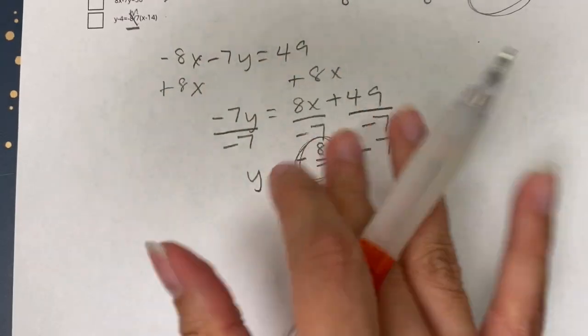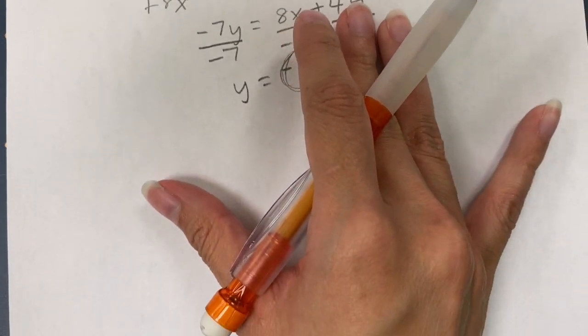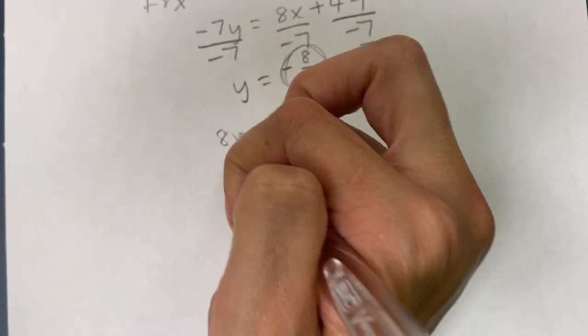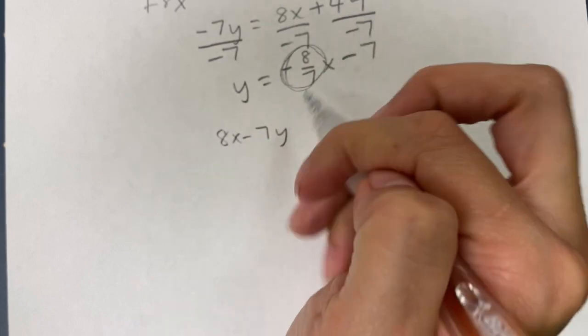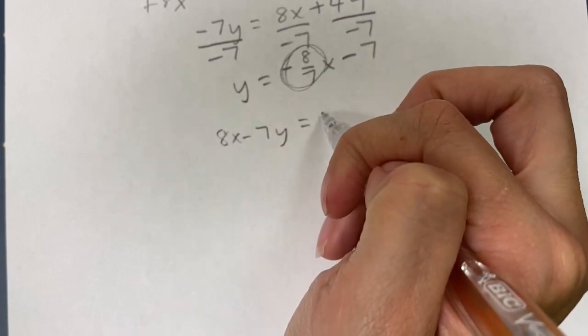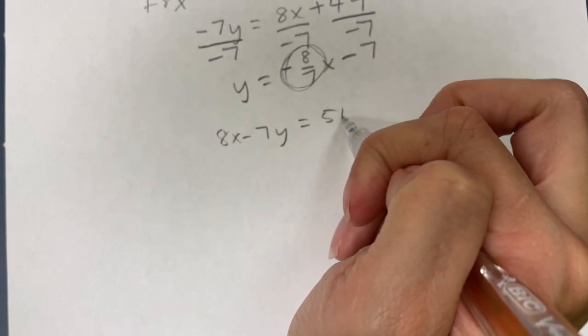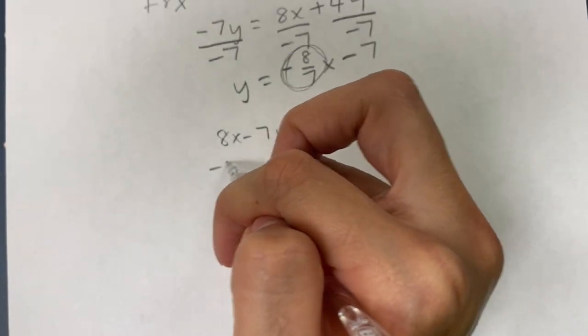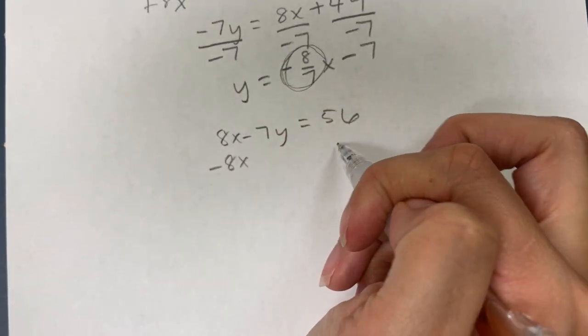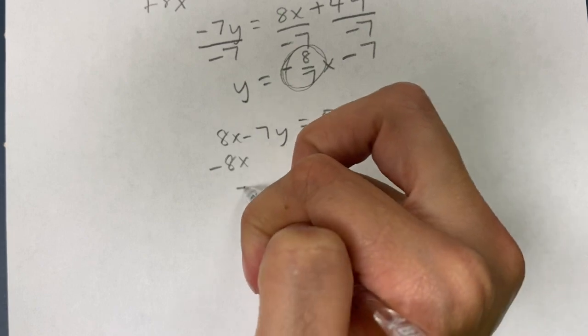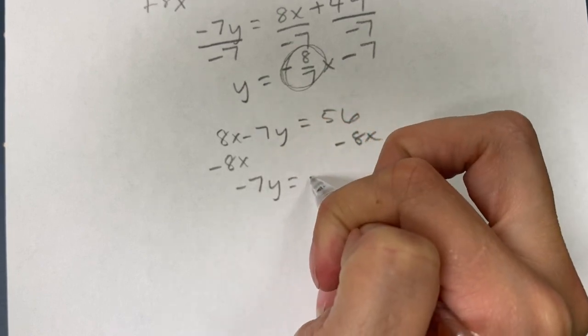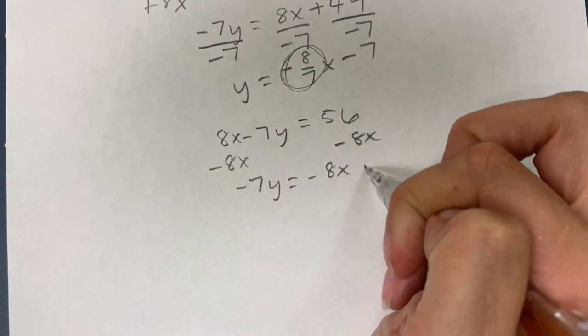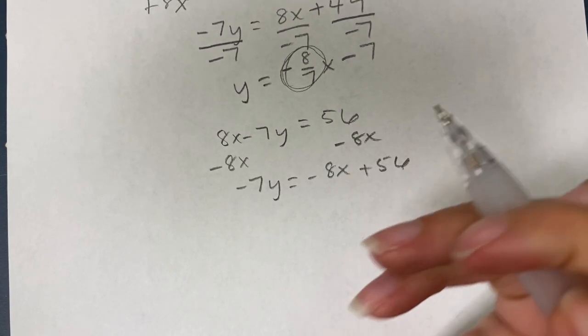However, I'm still going to try C just to make sure that my answer is here. So I have 8x minus 7y equals 56. Okay. So minus 8x to both sides. Negative 7y equals negative 8x plus 56.